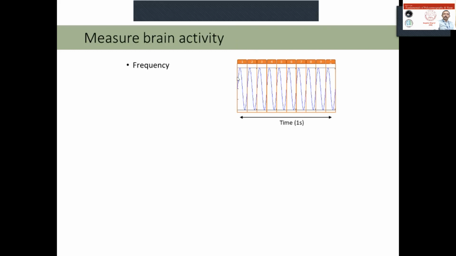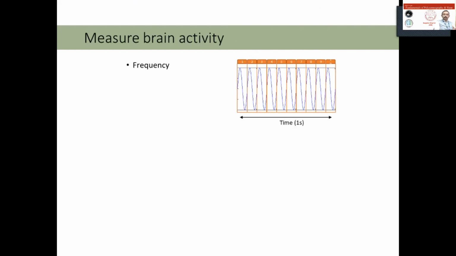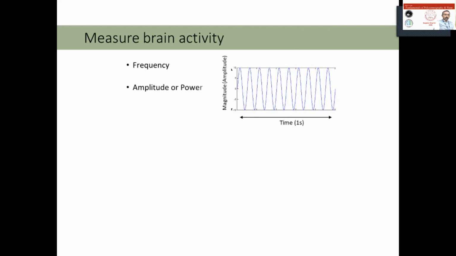That means this wave will go up and down, meaning positive and negative, so many times repeatedly. And how many times it repeats per second, that component is called frequency. A normal EEG or brain signal will have multiple frequencies. Each frequency has its own biological meaning. Some of them I'll relate later.